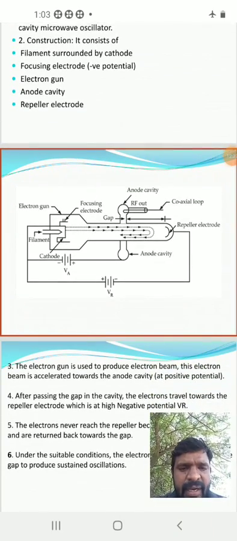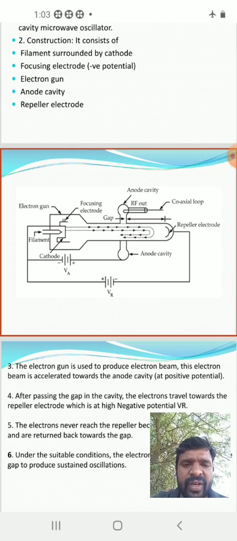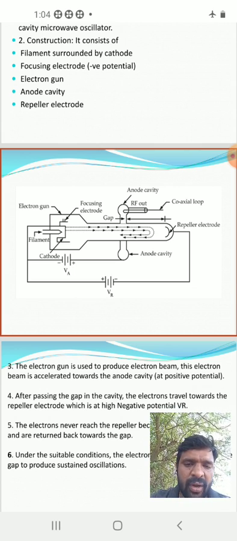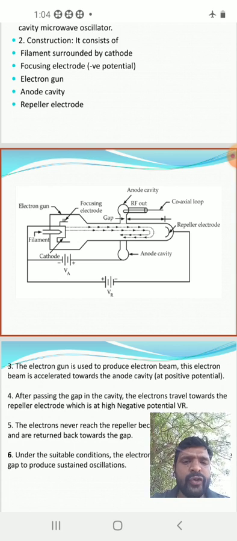Here the diagram shows the filament, electron gun, cathode and focusing electrodes on the left side of the vacuum tube. The electron gun or filament is used to generate the electron beam, which flows towards the vacuum tube.